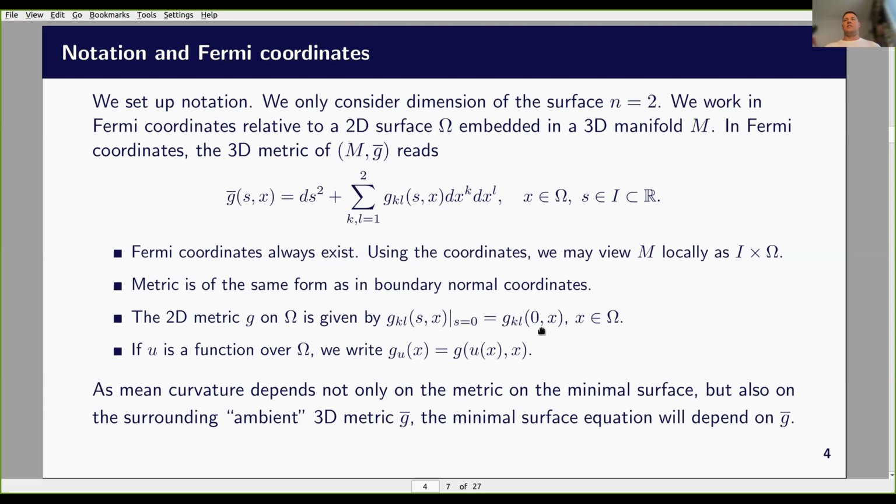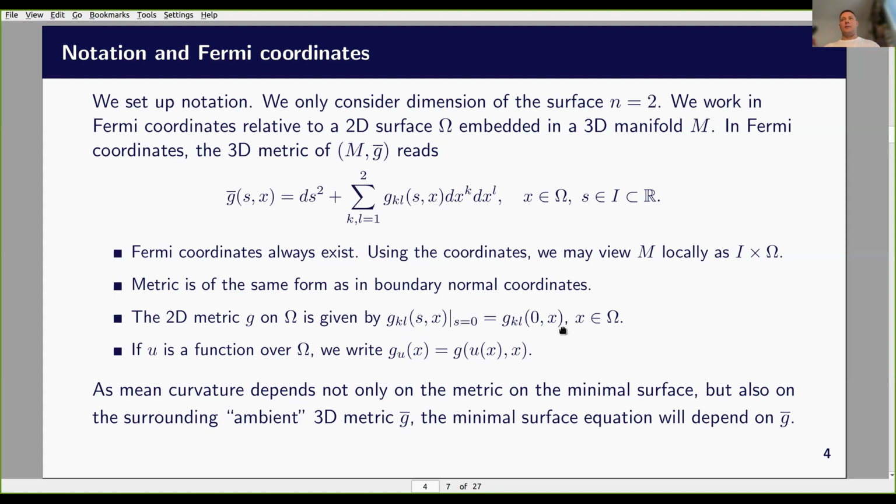So G_kl(0,x) are the components of the 2D metric G. And also for the next slide, I need this notation, and it's only in the next slide, I think. So if you use a function u over this surface omega, I write G(u(x),x) for G where I have put in place of S is u(x), and then I have the x as well in the argument.